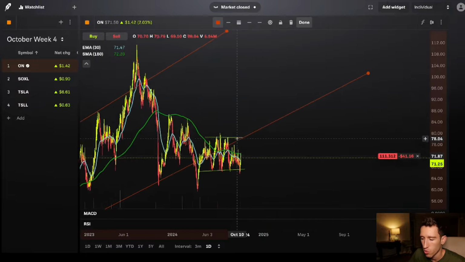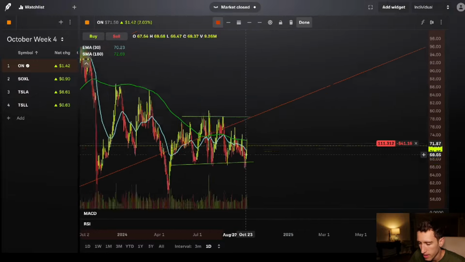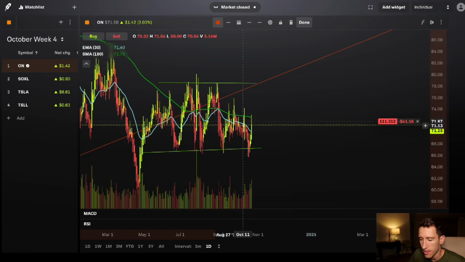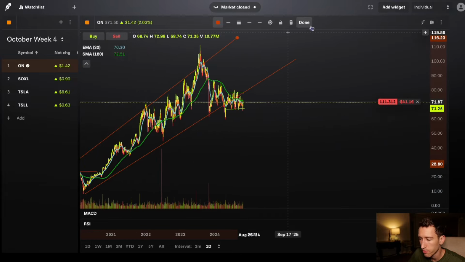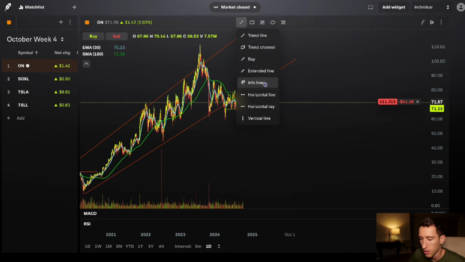As we're looking at it right now, it looks like it's really testing this EMA. It just crossed over the 15-day. Now, if it also crosses over that simple moving average, we could see an overall direction shift, and we could see it continue in the direction that it's been going, which is up.